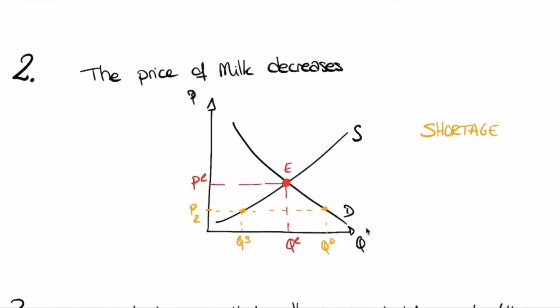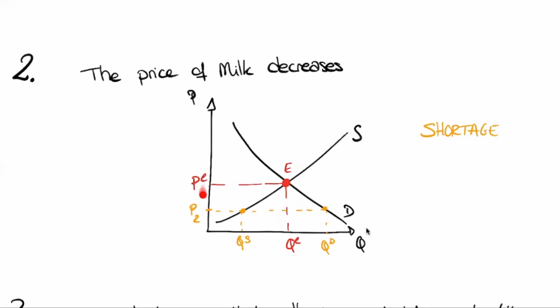Second example. What happens if the price of milk decreases? Remember that the price of our good is not one of the 5 big shifters of either supply or demand. It makes us move along the same curve.